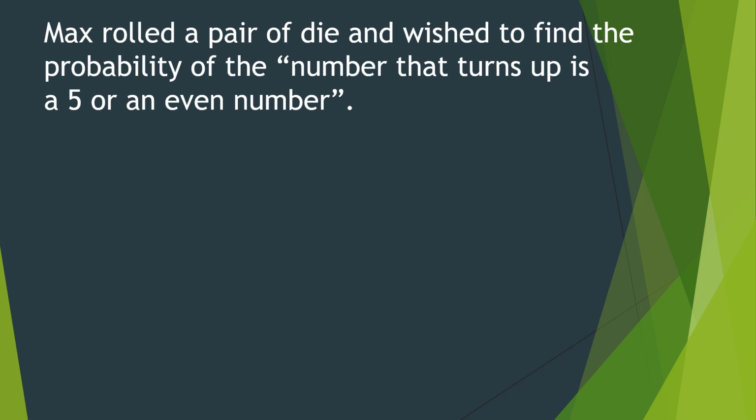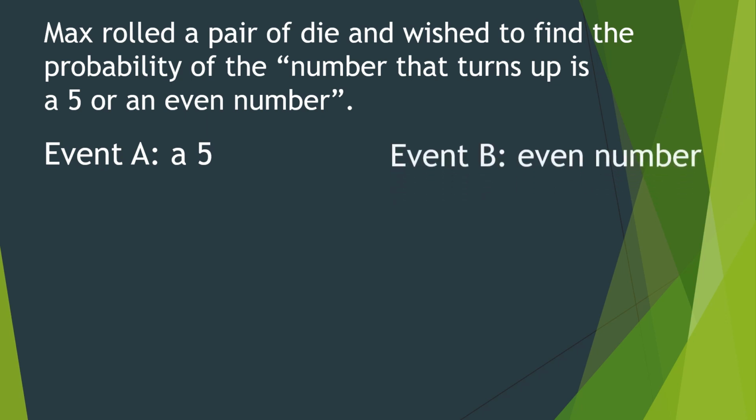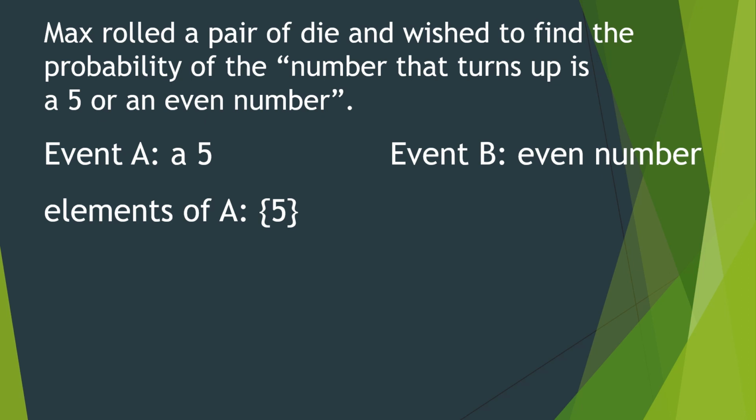So to start with, first let us identify our two events. Event A is the number 5 and event B is the even number. Elements of A is 5 and elements of B are even numbers, and those are 2, 4, 6.